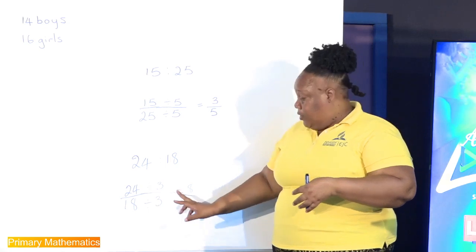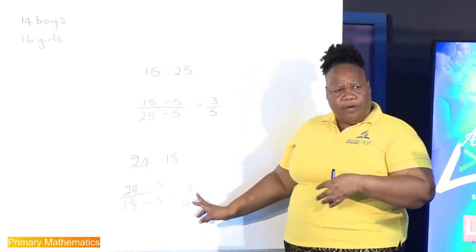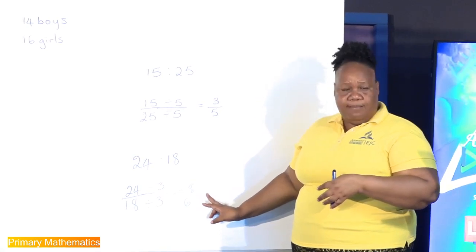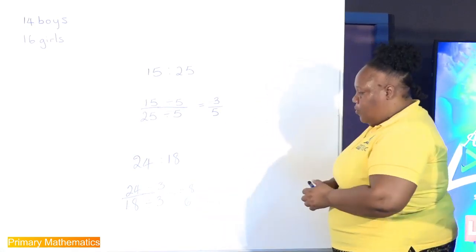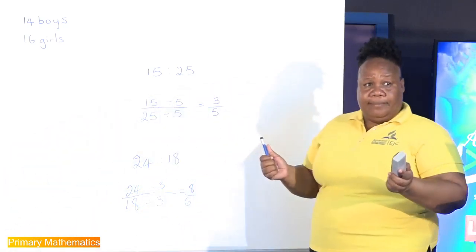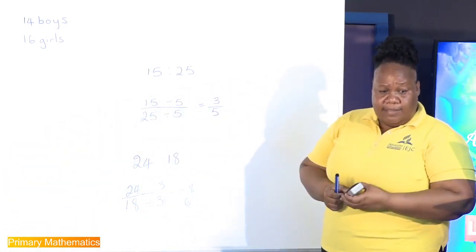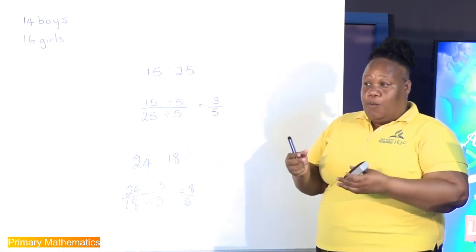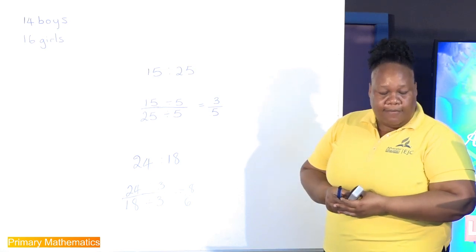But you would realize that, no, I could go much smaller because this is not in its simplest form. So you would have to get your eraser and go back and say, what did I miss? So I have 24 and 18. What are the common factors?